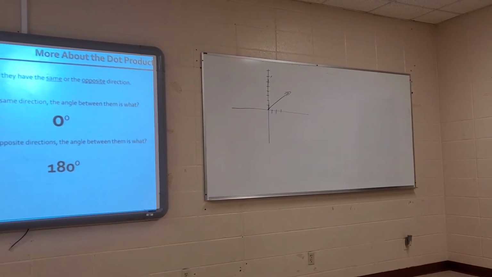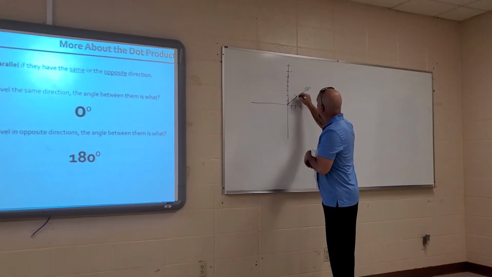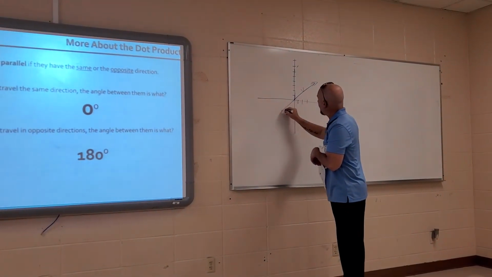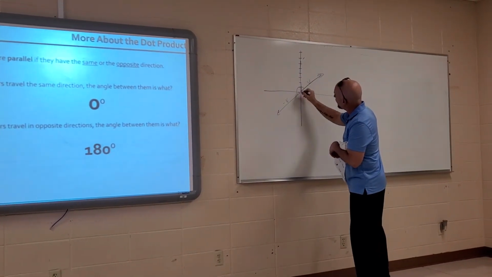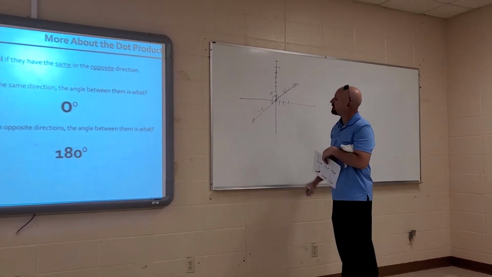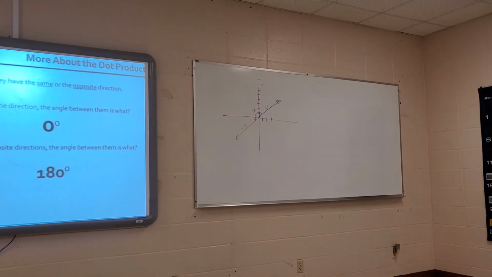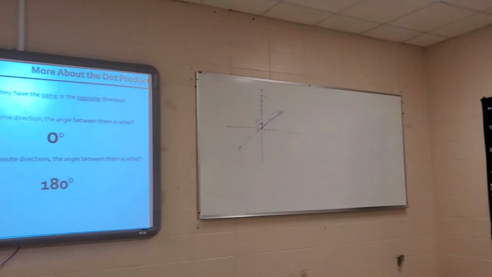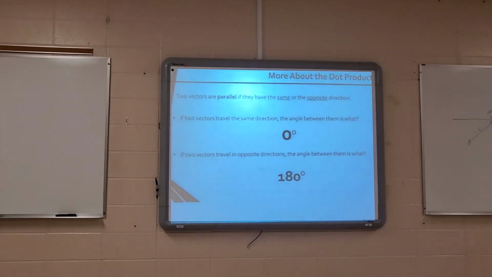If two vectors are traveling in the opposite direction, so I have this same vector v, but now I'm going this way, negative v, then the angle here is 180 degrees. That makes complete sense, right? So this is just some more kind of conceptual stuff, just to get you thinking about it.